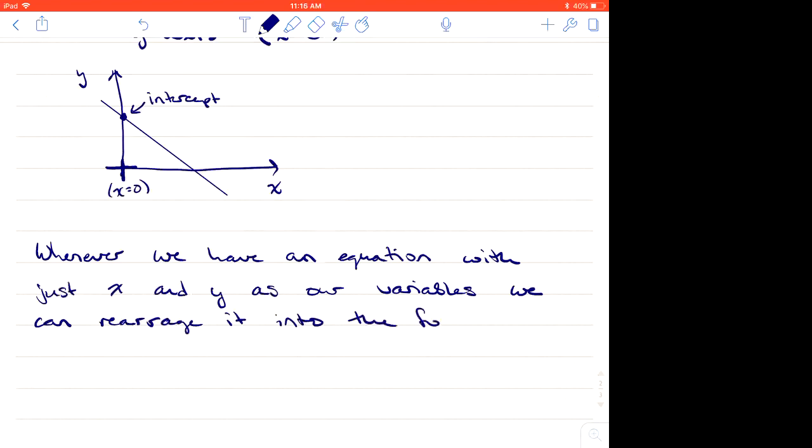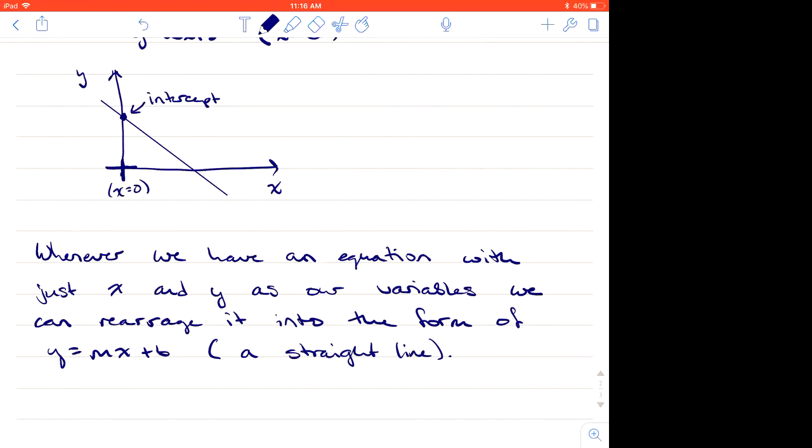I'll put in brackets a straight line. So that's good.